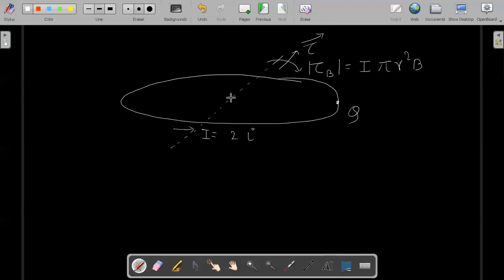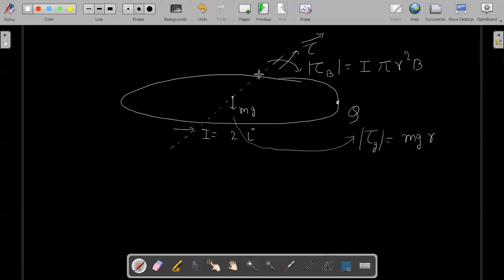At the same time, the force of gravity which acts downward will produce opposite torque relative to point Q, and that torque of gravity about point Q will be mg into r. Obviously, this magnetic field torque is more than the torque of the force of gravity.